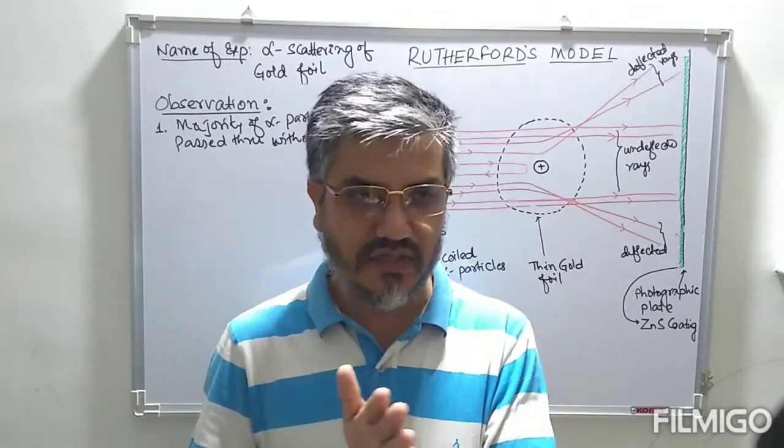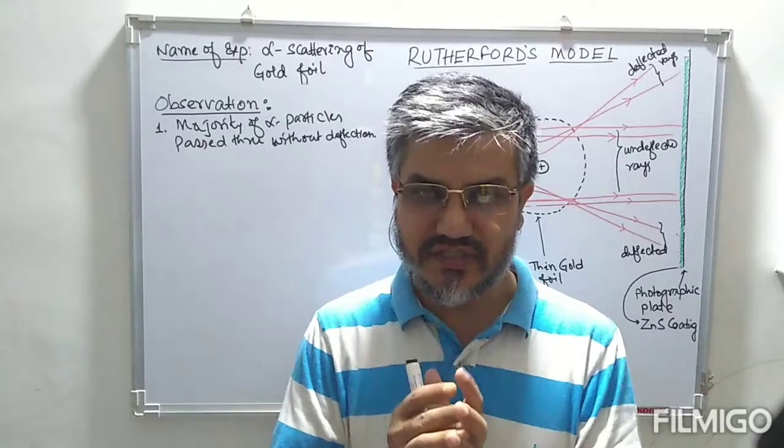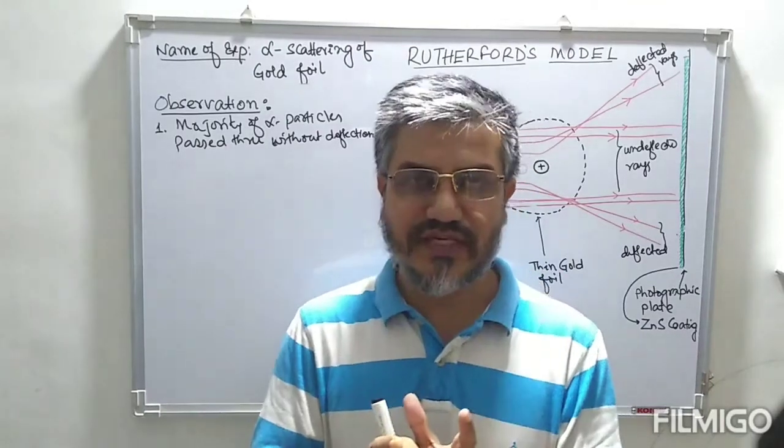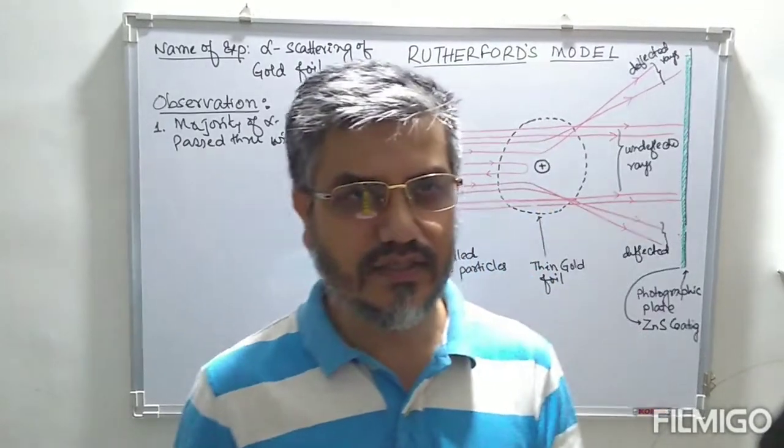So these alpha particles pass through the metal foil without any deflection. That means most of the space inside the atom is unoccupied.